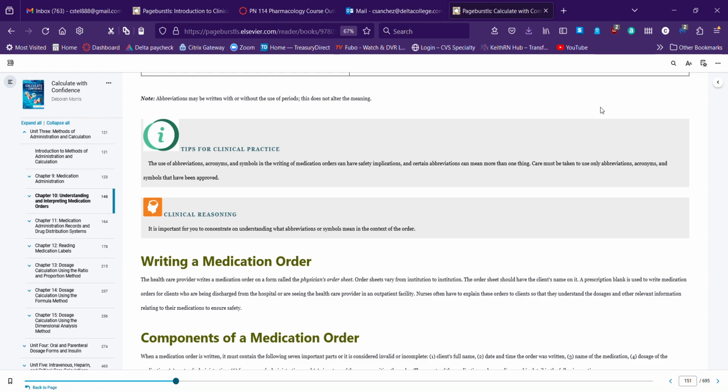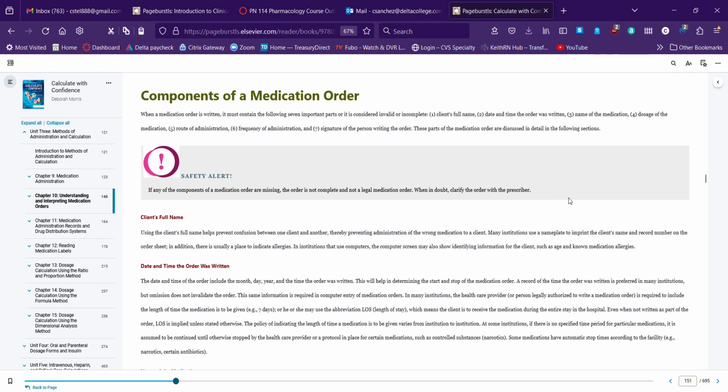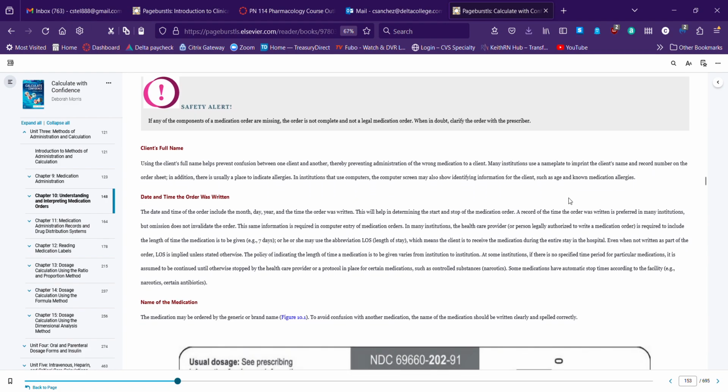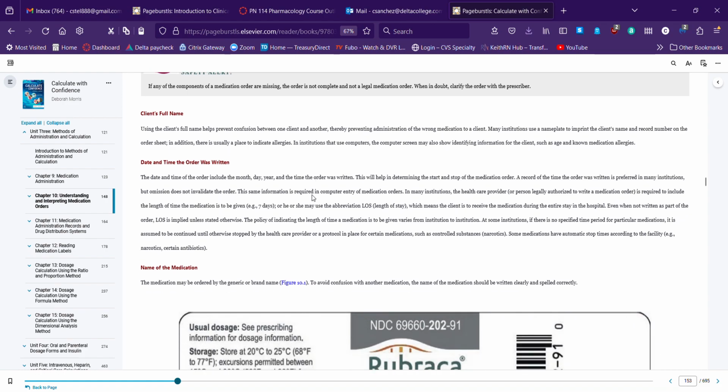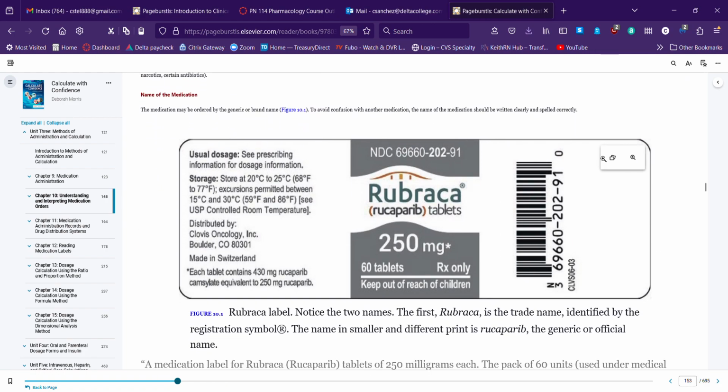So I am starting on page 151, which is chapter 10. In chapter 10, we have to make sure that you always have the components of the medication order. So you want to make sure that you have the full client's name, the date, and the time the order was written. Also, you need to have the name of the medication, and they could order it as generic or brand name.